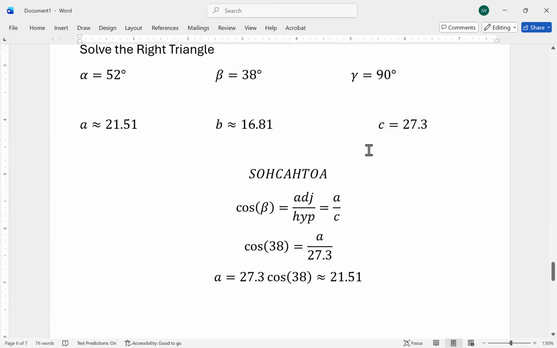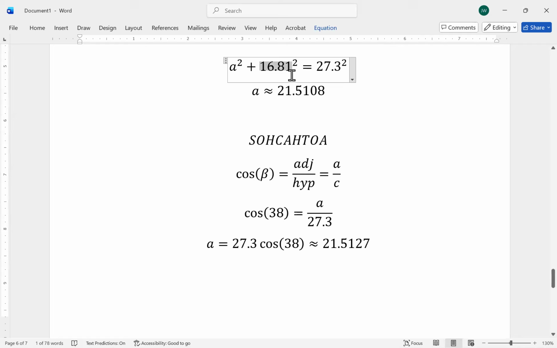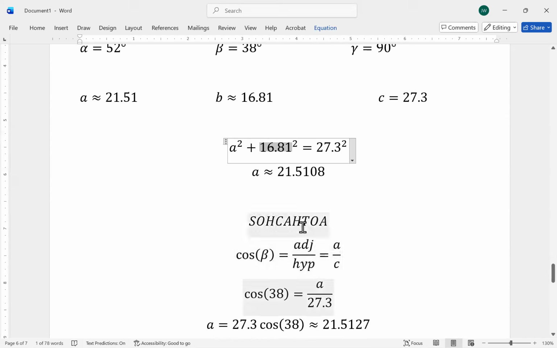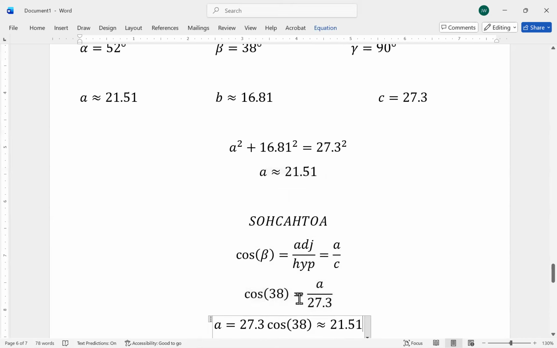The reason for that discrepancy is we used a 16.81. That's already a rounded value. If I use the exact value of 27.3 times sine of 38, then this would have also come out to 21.5127. So you might get a slight discrepancy based on how you solve if you are plugging in already rounded values into the formulas you're using.